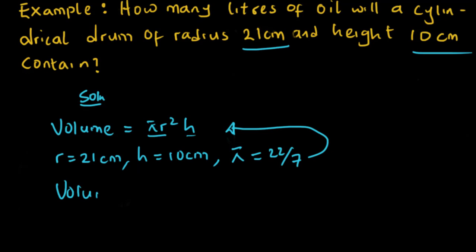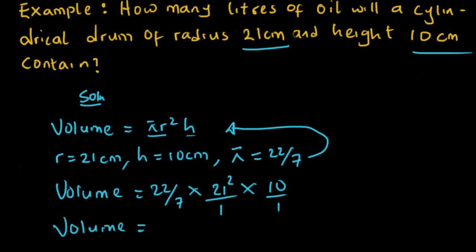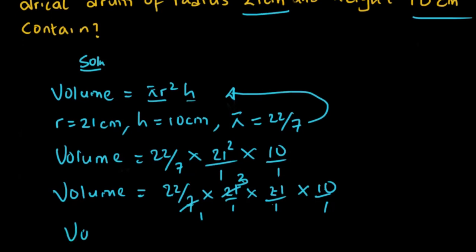We have volume equals 22/7 times 21 squared, which is 21 times 21, times the height 10. Now we can cancel: 7 into 7 is 1, and 7 into 21 is 3. So we are left with 22 times 3 times 21 times 10. That will give us 13,860.